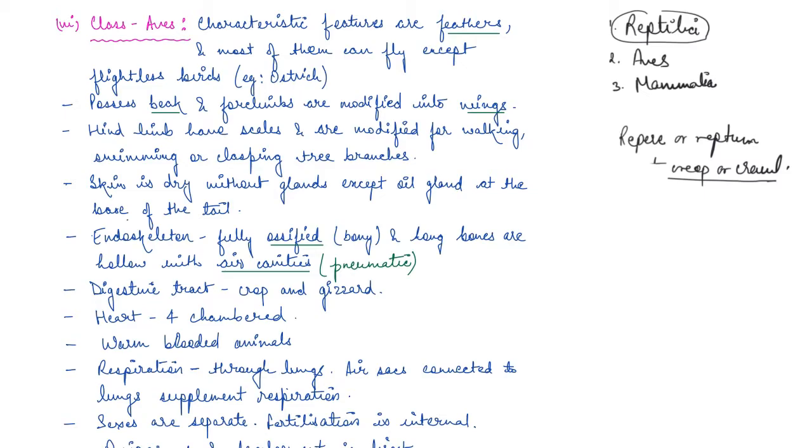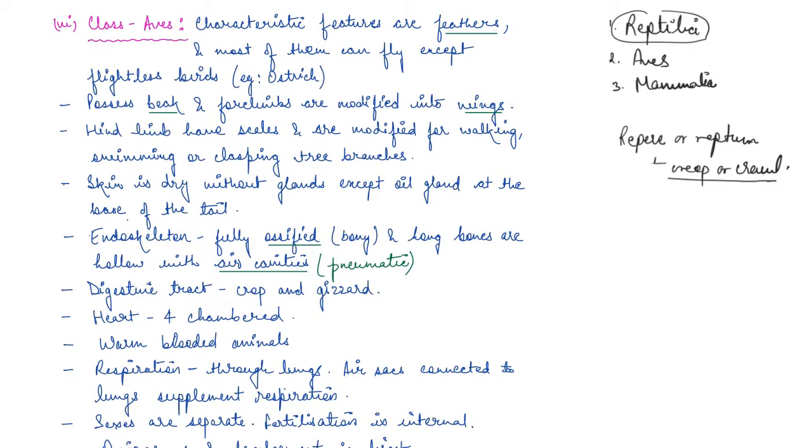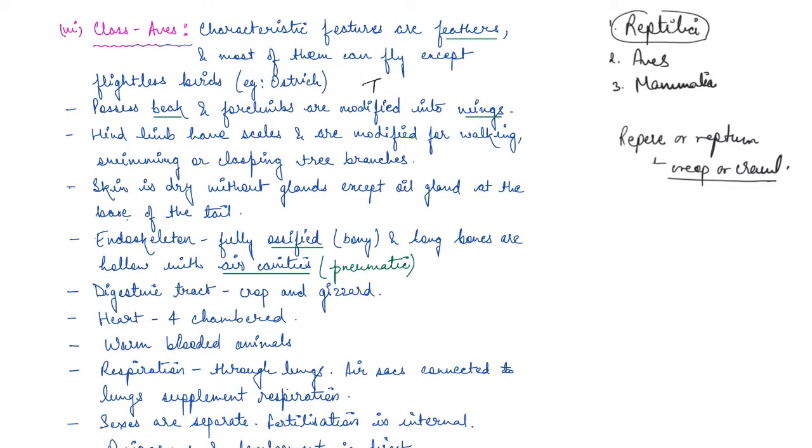Now they possess beak, which is again a very particular feature in case of Aves, and their forelimbs. So again they are tetrapods, right? So two limbs are modified into wings which have feathers, and it makes them fly.